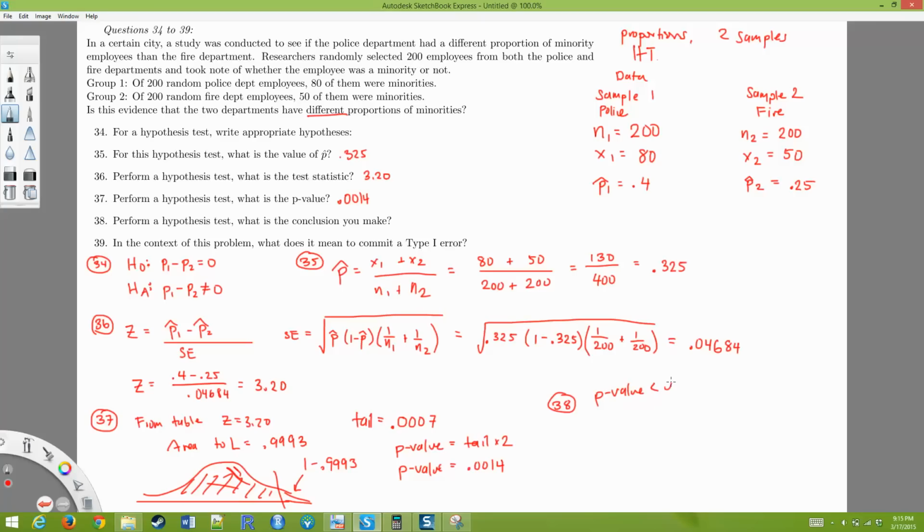So that means we reject the null hypothesis, and we say we have evidence that the police and fire departments have different proportions of minority employees.